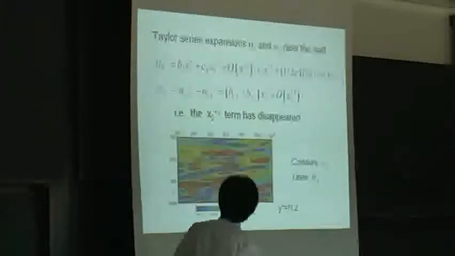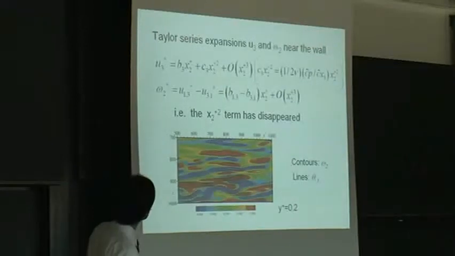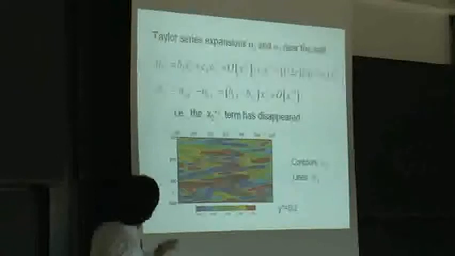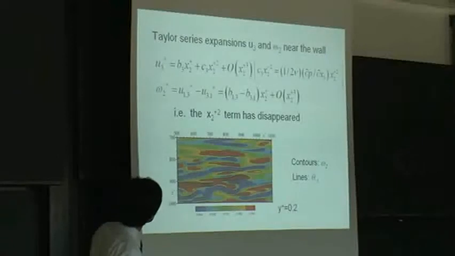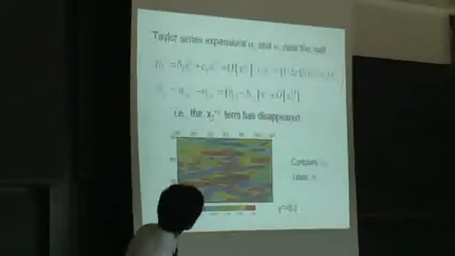Similarly, if we consider the Taylor series expansion of u3, the spanwise velocity fluctuation, we also obtain this term. This is also associated with the pressure gradient term.